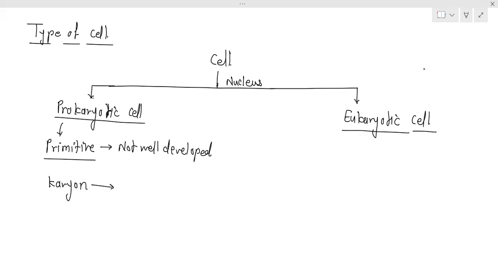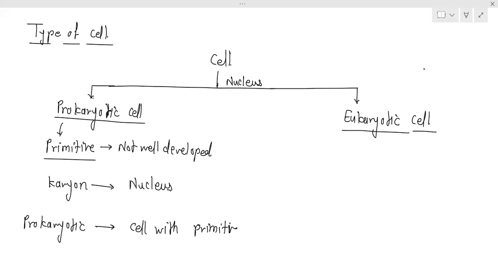So prokaryotic means a cell with a primitive nucleus. A cell with a primitive or undeveloped, not well developed nucleus.